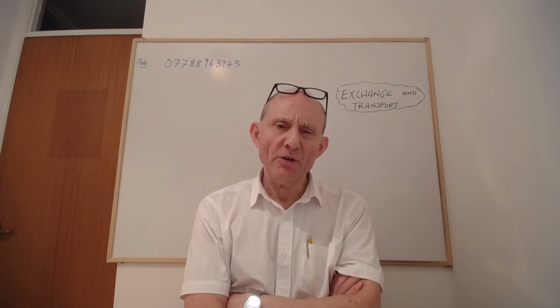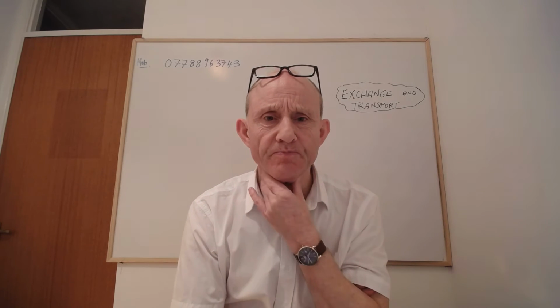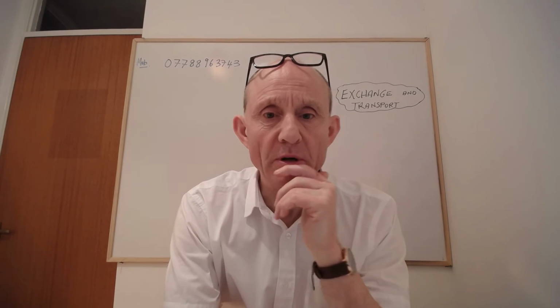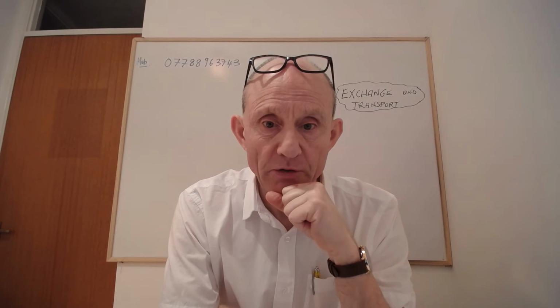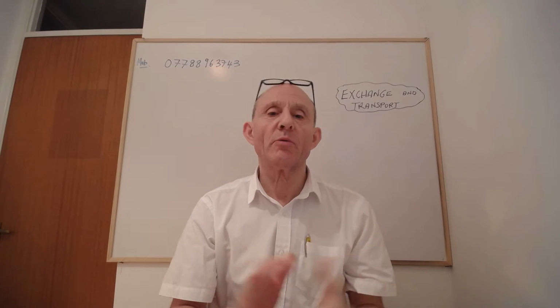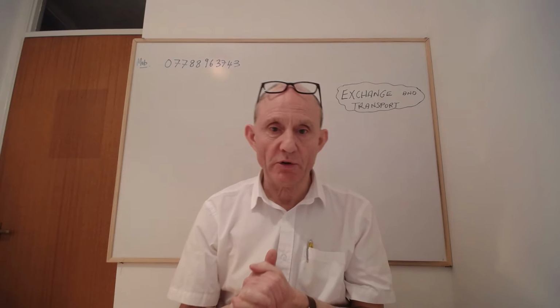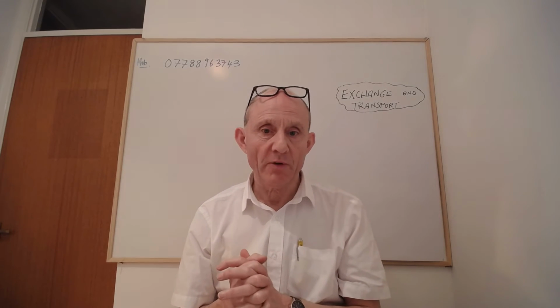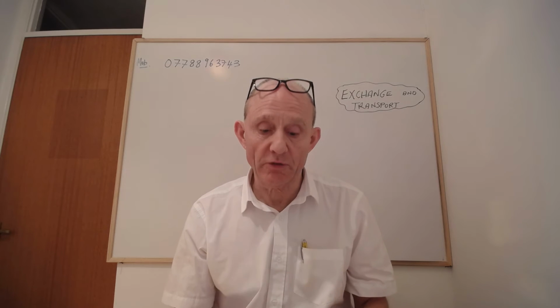Not really a law, it's really just a description of how the rate of a gas, for example oxygen, would move across a surface. What factors affect it? What speeds up or slows down the diffusion of, for example, oxygen or carbon dioxide across the walls of the alveoli, across the surface?